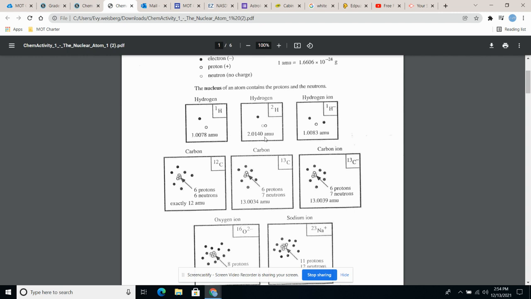So by taking this number, subtract this number, I should get how much 1 neutron weighs in AMU. And by doing the same thing with this number and this number, so take this number here, subtract this number here, you should get the answer for 1 electron, because the only difference between this one and this one is that this hydrogen ion has 1 electron more.